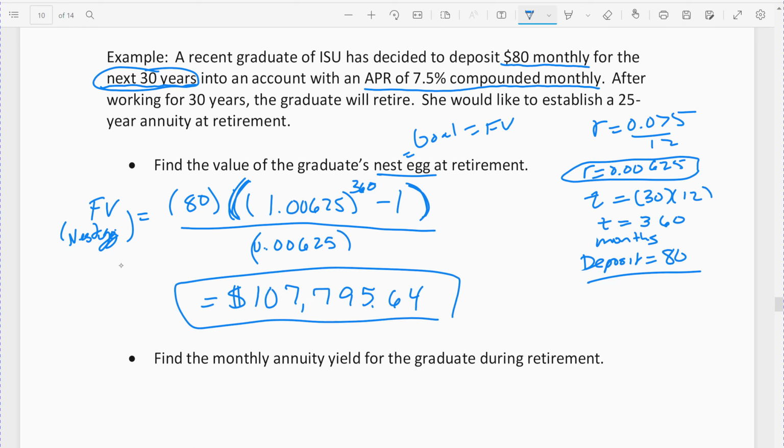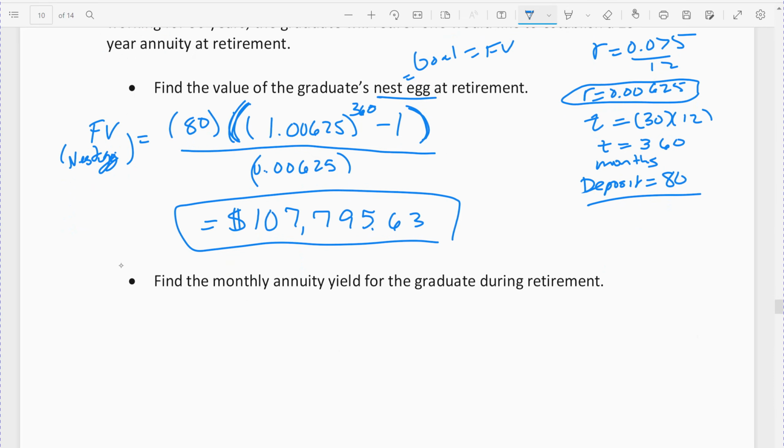We round at the end to the penny. $107,795.63. All right, so that's how much we would accumulate over the 30 years if we put $80 into an investment that gives us a 7.5% return.